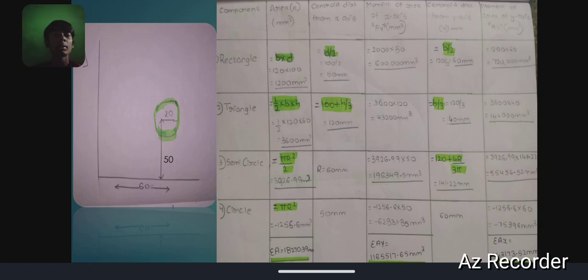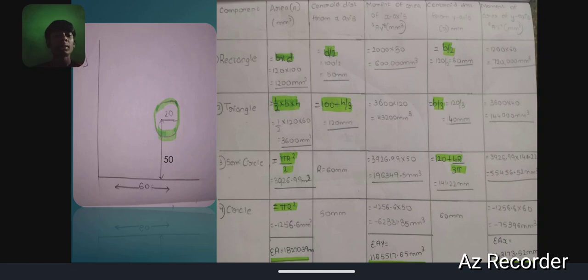Multiplying the area and the centroidal distance from the x-axis, we get minus 6283.1 something. And the centroidal distance from the y-axis is 60 mm, and we substitute it and multiply with the area, we get something.